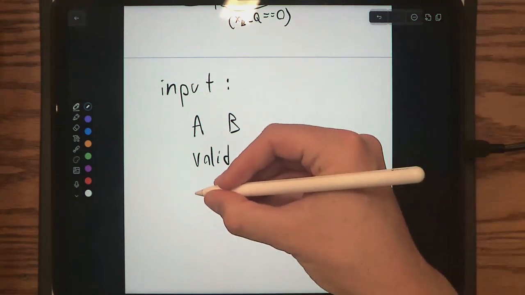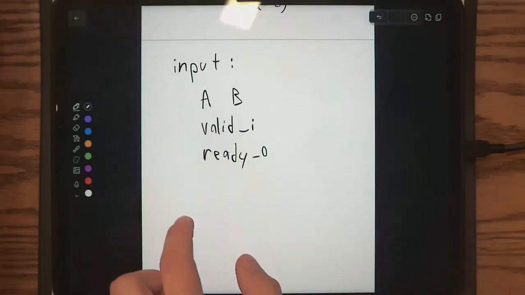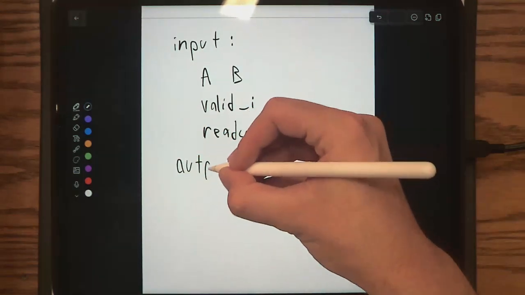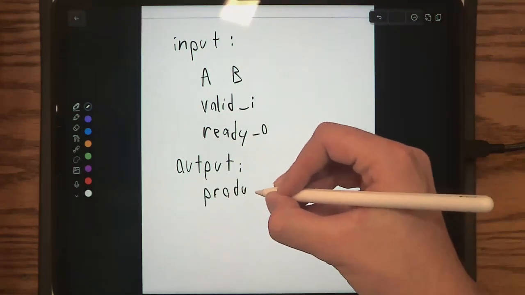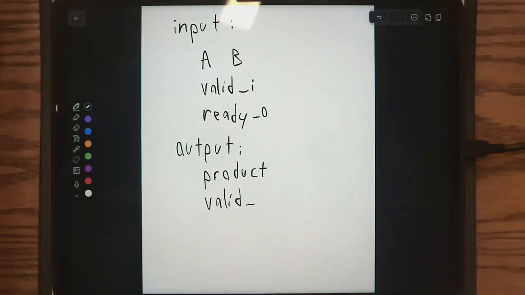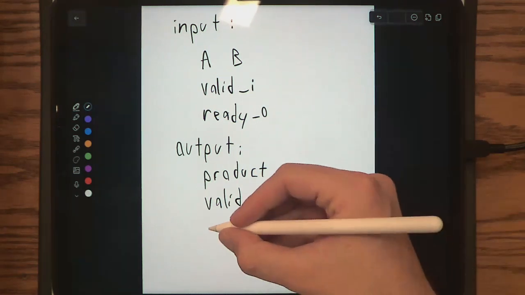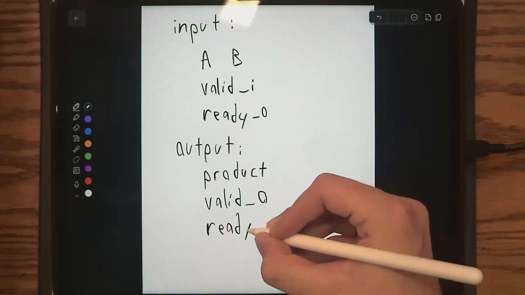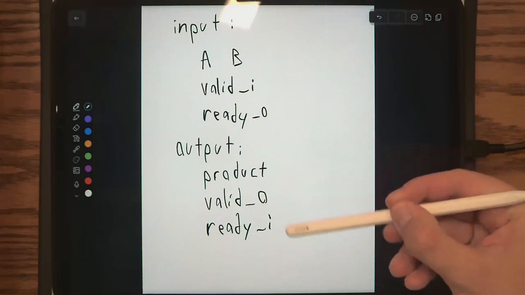But at the same time, we need to broadcast whether we are ready to receive that input. Similarly, on our output port, we will result in the product. And then we have a valid. Is this a valid input or valid output? This is a valid output, because we are telling our receiver that our product is valid. And then we also have a ready input, which determines whether our receiver is actually ready to receive this product.